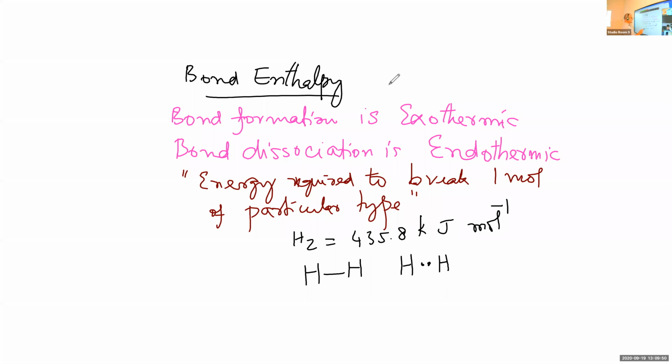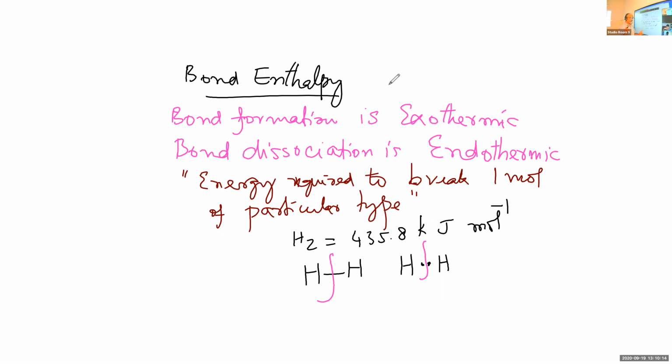Now, this bond is going to be broken. The molecule is dissociated into the individual atoms. Here, the hydrogen molecule is dissociated into hydrogen atoms, and the energy required, that is the bond enthalpy.